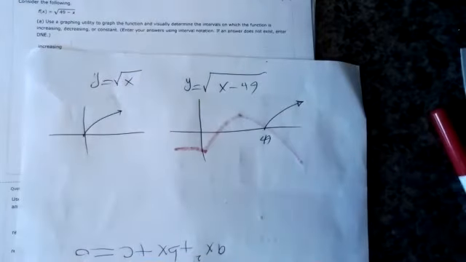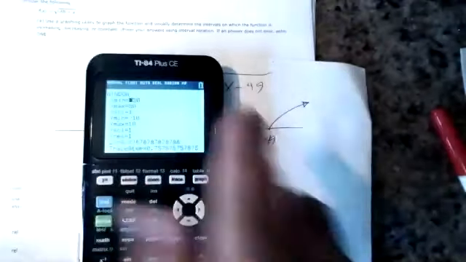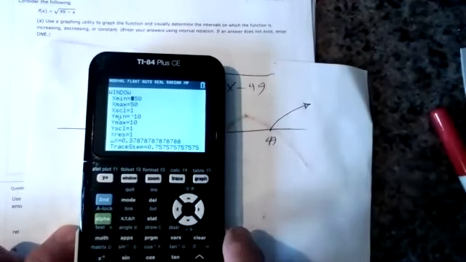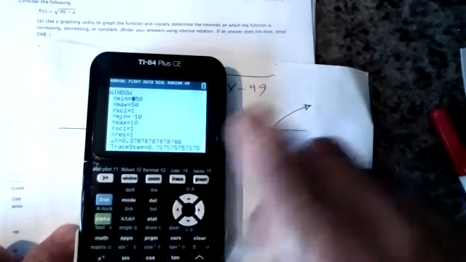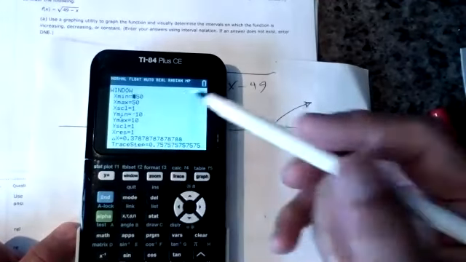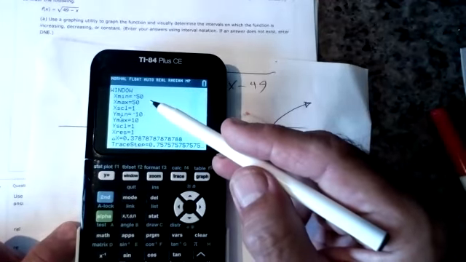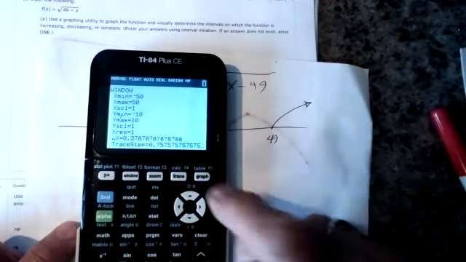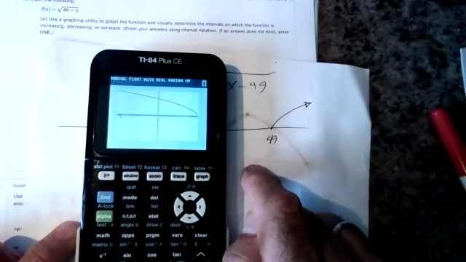So in that case, the scale on the window, normally it's minus 10 and 10, I change it to minus 50 and 50, okay? So now when I graph it, you have a better one.